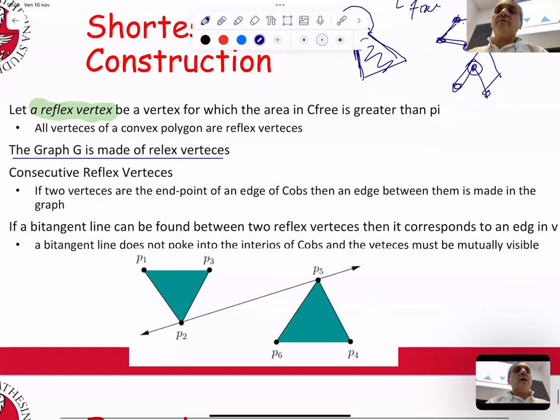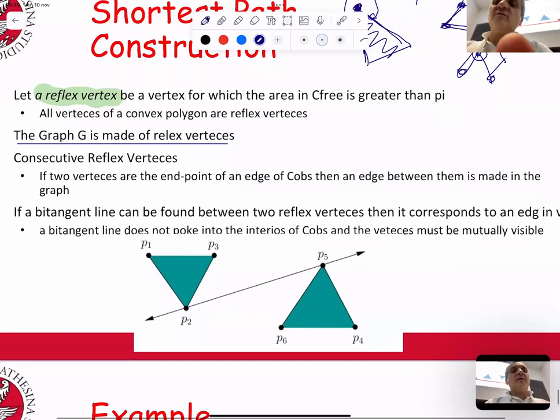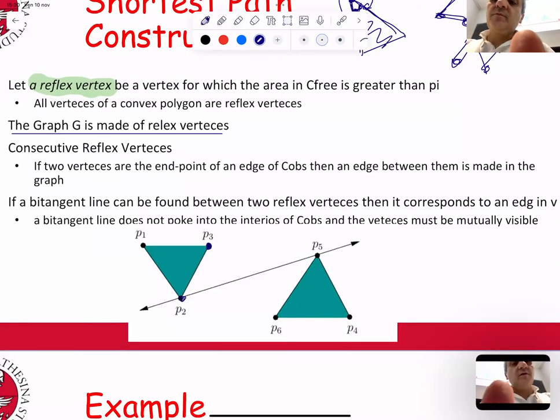What are the edges? First of all, if you have an edge of the obstacle that joins two points, then this corresponds also to an edge of the graph. Okay. So in this case, this is an edge of the graph.